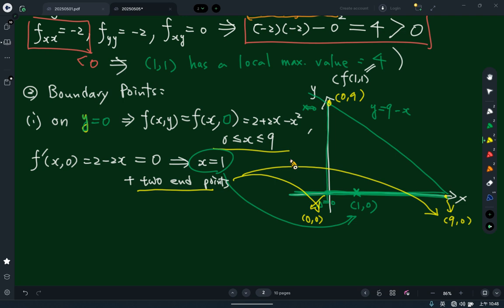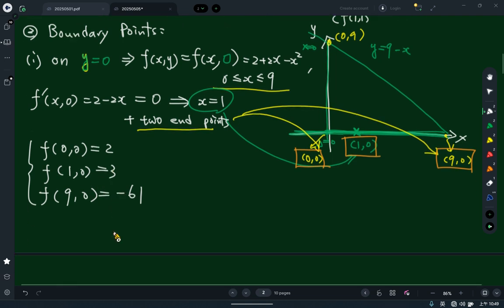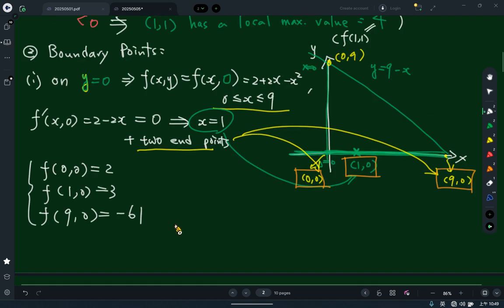So right now in this case, we need to consider these points, so that we get f(0, 0) is 2, f(1, 0) is 3, f(9, 0) is negative 61. So finally, these 3 points will provide these 3 possibilities. Okay? Don't worry, we can focus on the second one and practice again.